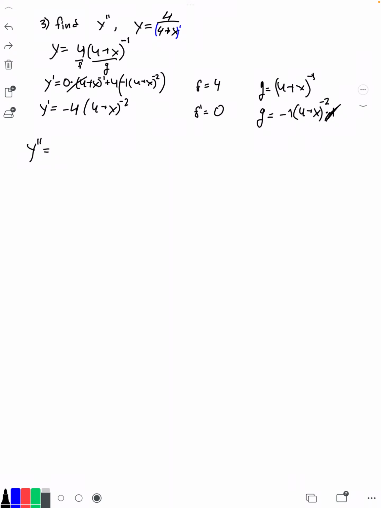Again, we're going to use the product rule and the chain rule. So we have f equals minus 4, g equals 4 plus x to the power of minus 2. f prime will be 0. g prime will become minus 2, the power goes down, multiplied by 4 plus x inside.